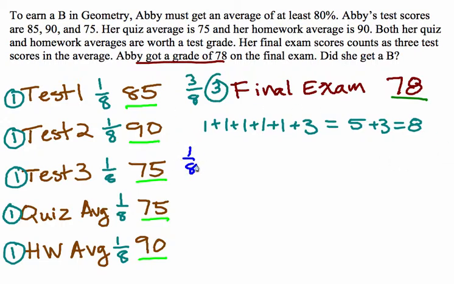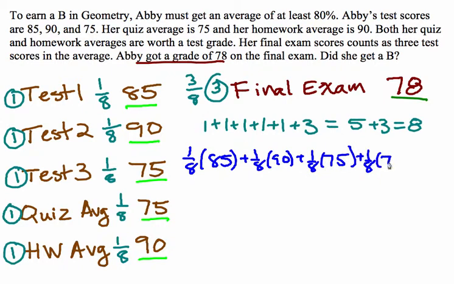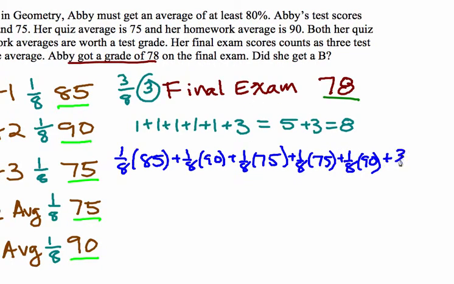So we need 1/8 of 85, 1/8 of 90, plus 1/8 of 75, plus another 1/8 of 75, plus 1/8 of 90, and then we need 3/8 of that final exam score of 78.